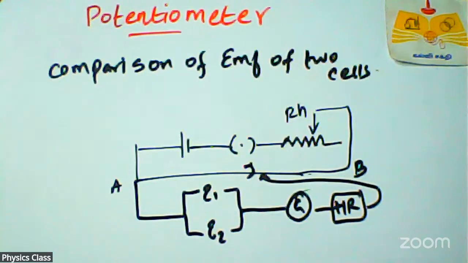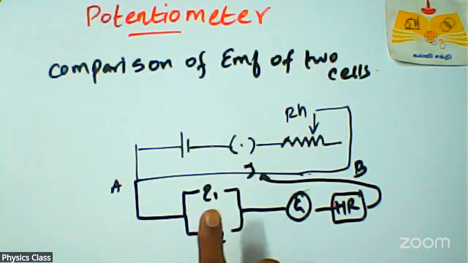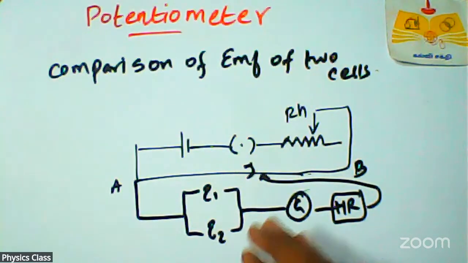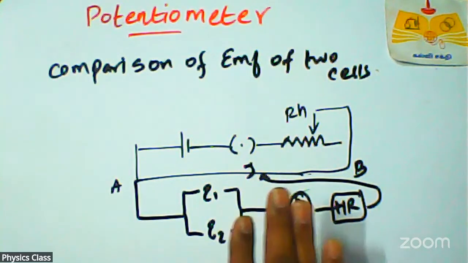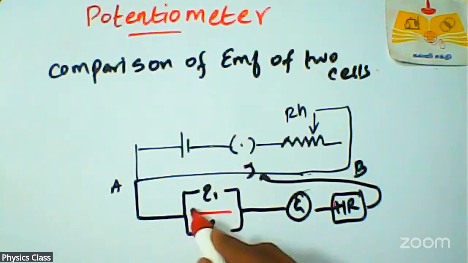But at any time only one cell is connected to the circuit and the other cell is not connected. The second time, the other cell is connected and the previous cell is disconnected. How can we make this connection? By using a two-way key.